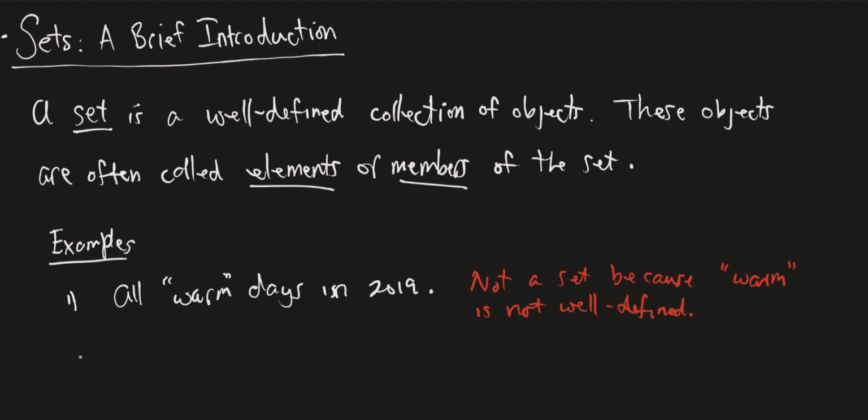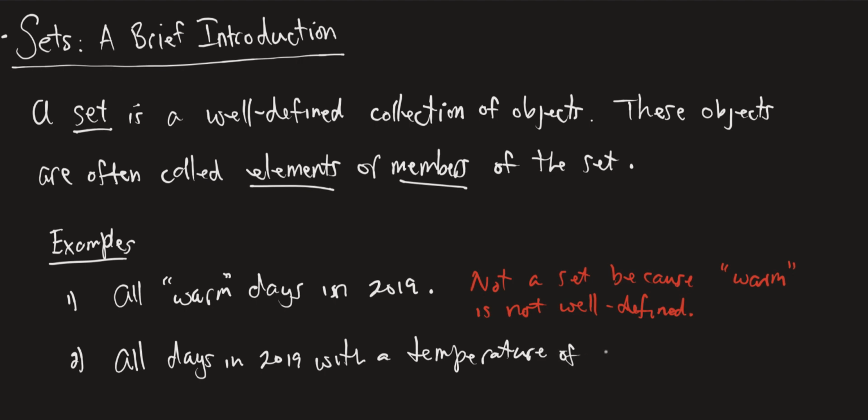How could I change this to make it a little bit better? So I could say all days in 2019 with a temperature of at least, let's say, 80 degrees Fahrenheit.